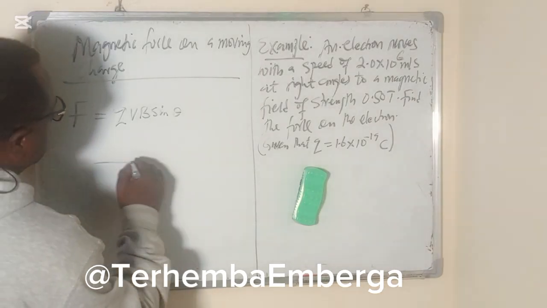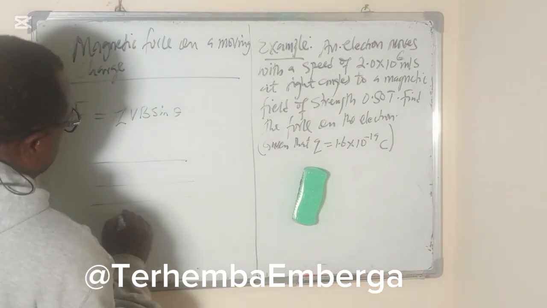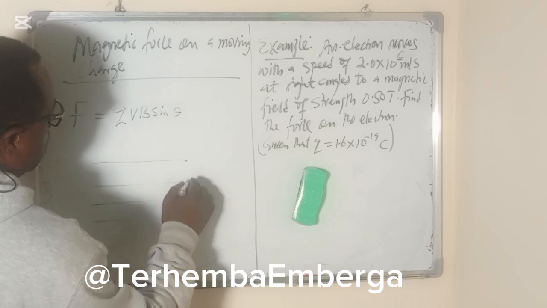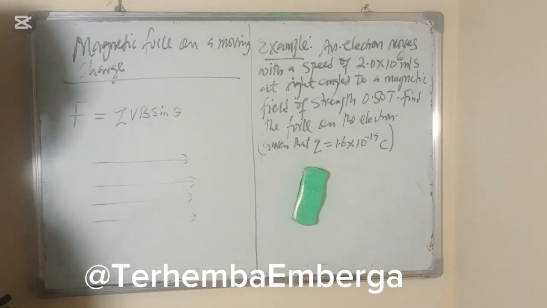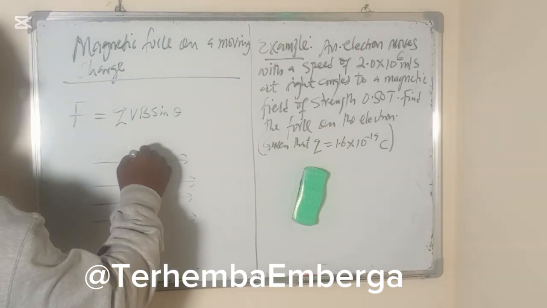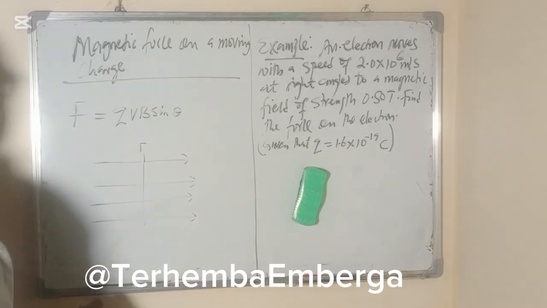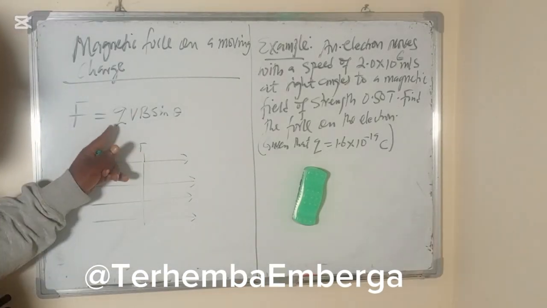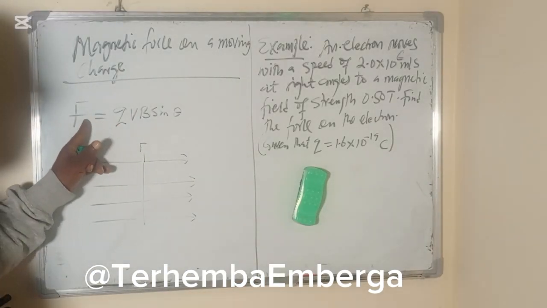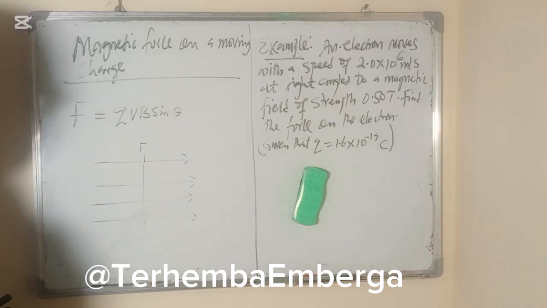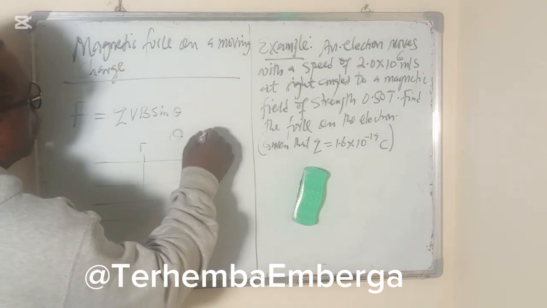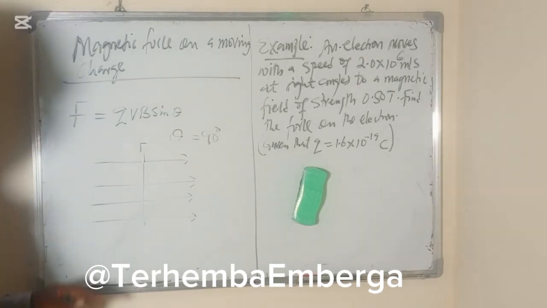Assuming these are the lines of forces, and you have a force that is perpendicular to the lines of forces, then we can talk about F equal to QVB. At this point, if theta is equal to 90 degrees, it means that the force is perpendicular to the lines of forces.